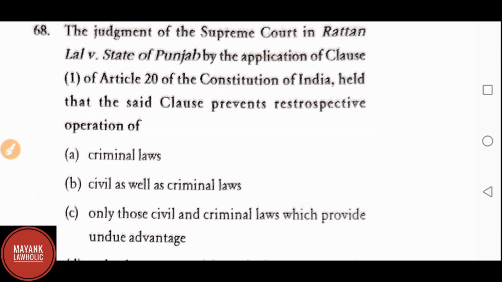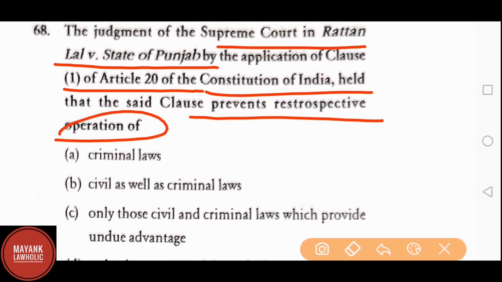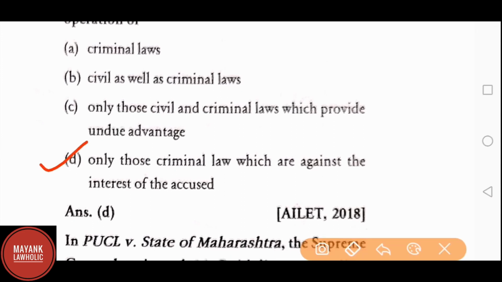The judgment of the Supreme Court in Rattan Lal versus State of Punjab, by the application of Clause 1 of Article 20 of the Constitution of India, held that the said clause prevents retrospective operation of A. Criminal laws, B. Civil as well as criminal laws, C. Only those civil and criminal laws which provide undue advantage, and D. Only those criminal laws which are against the interest of the accused. The correct answer is only those criminal laws which are against the interest of the accused.